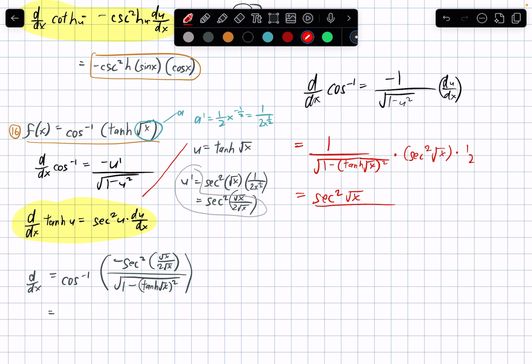This can be written as that. Below, well, you can rewrite this as 2 square root of x.